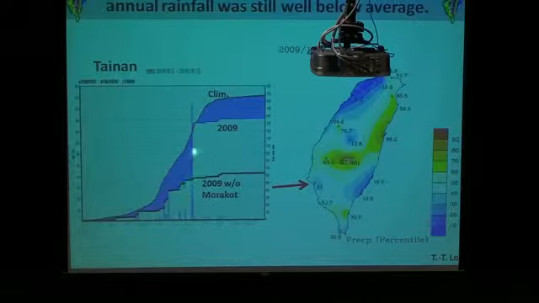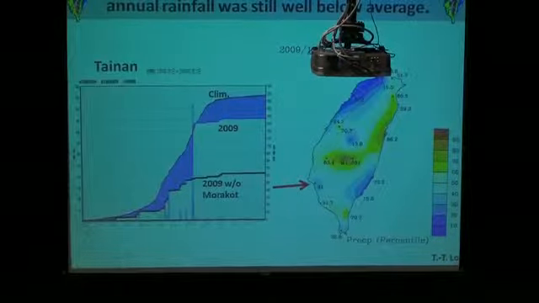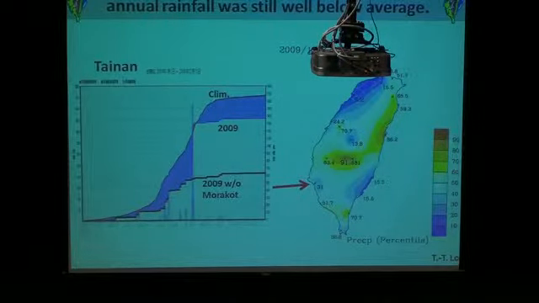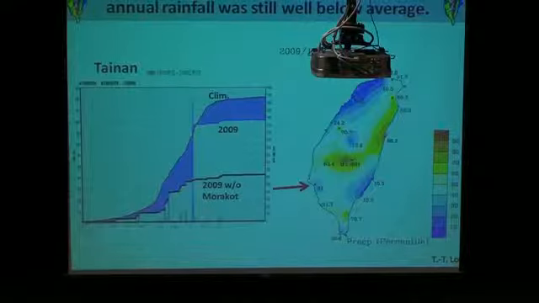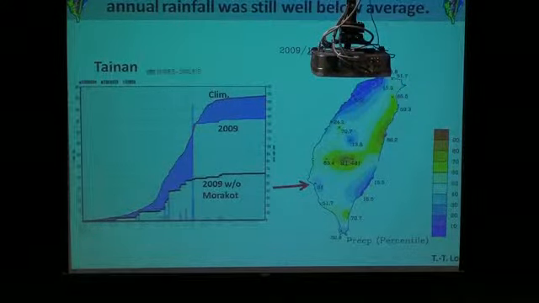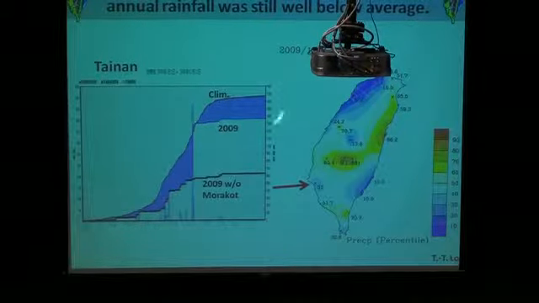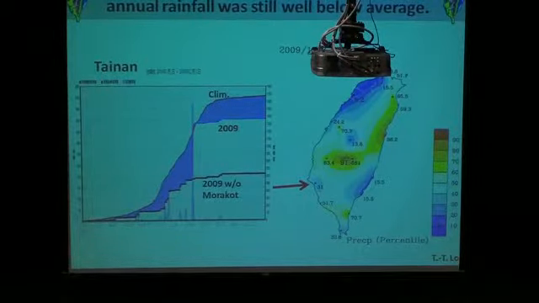Then the accumulated rainfall reached the climatological amount or slightly more. Then after Typhoon Morakot, there was again virtually no rainfall. So even with the huge rainfall brought by Typhoon Morakot, the annual rainfall was still much less than the climatological number.